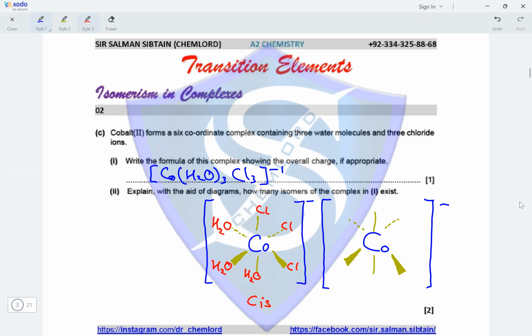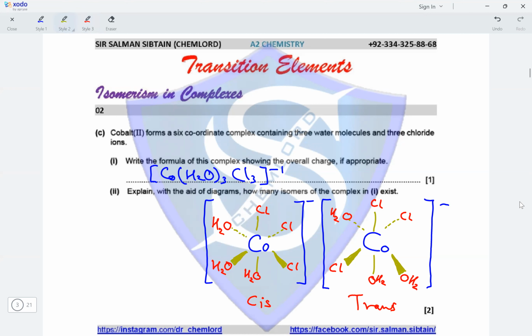So, for the second ion, two of the chlorides will remain as they are, and one of the chlorides will be placed diagonally opposite to one of the chlorides placed already. The remaining positions will be filled by water molecules as ligands, and this complex ion is the trans isomer of the complex.